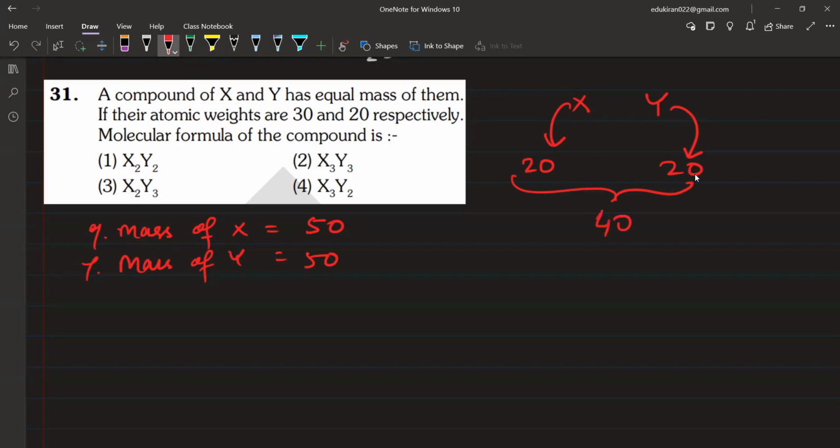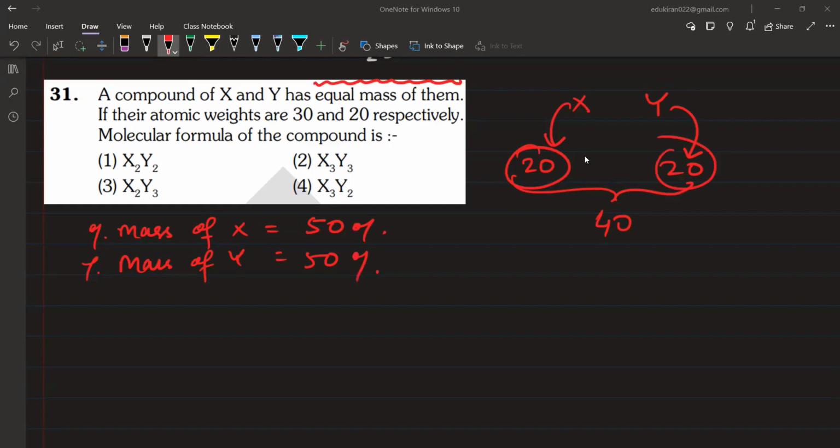So what percentage of mass is in X and what percentage is in Y? 50-50, not 20-20. I'm not talking about the absolute terms. We are saying 50% is X and 50% is Y, according to this statement. Equal mass of them.